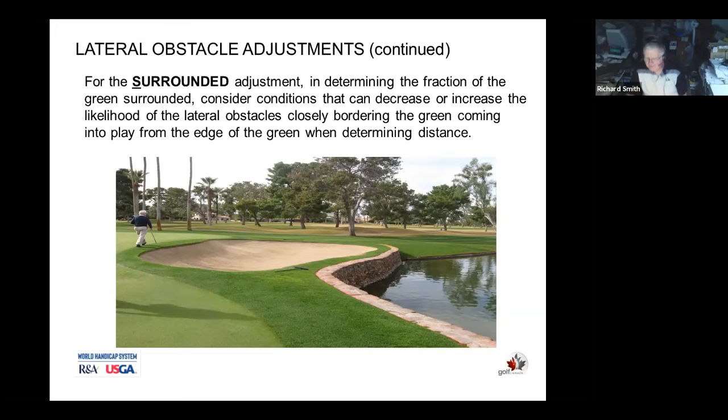So, in other words, this bunker here would mean that this section here probably should not be counted for the fraction of the green that is surrounded, simply because it's likely that a shot that's long enough will be coming down in the bunker here rather than coming up short.